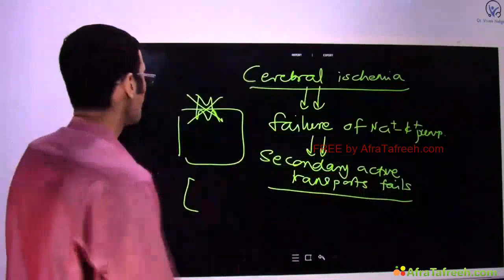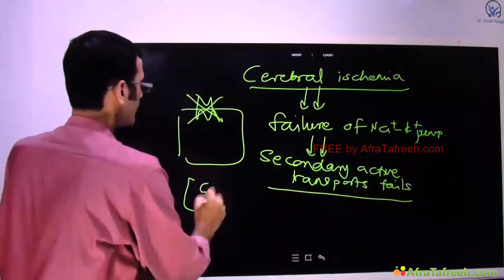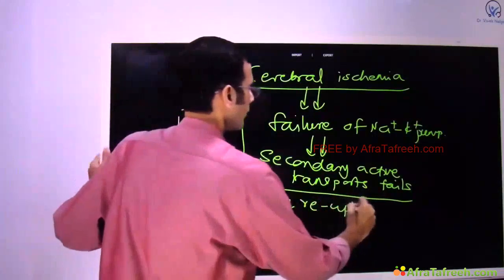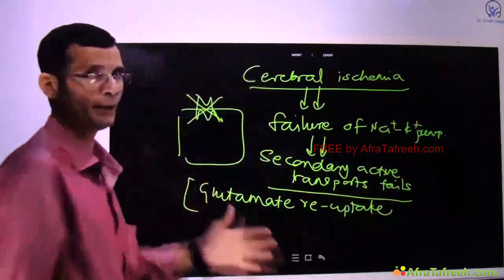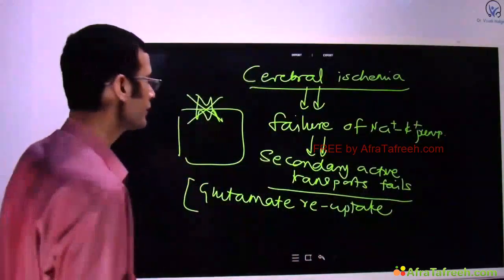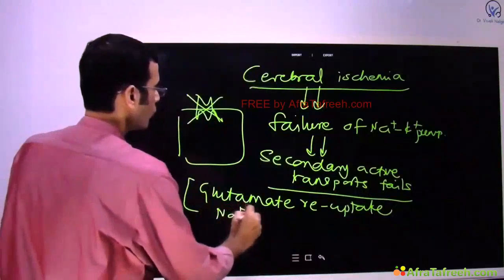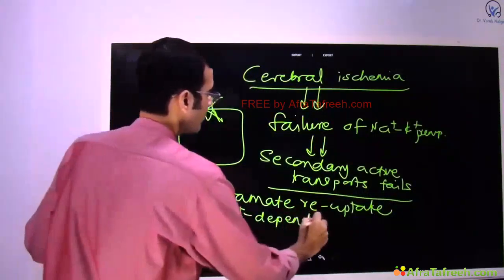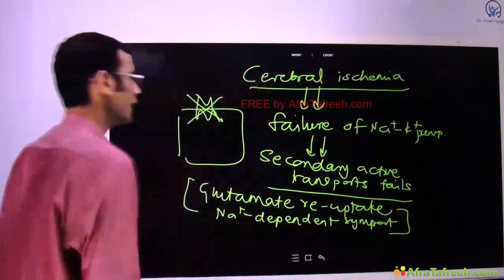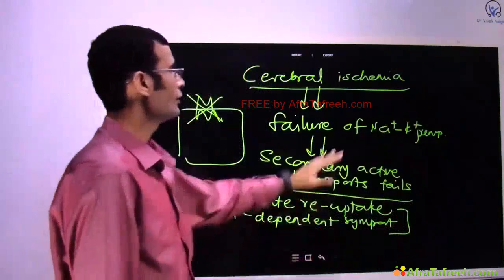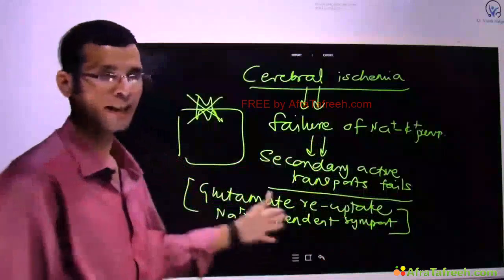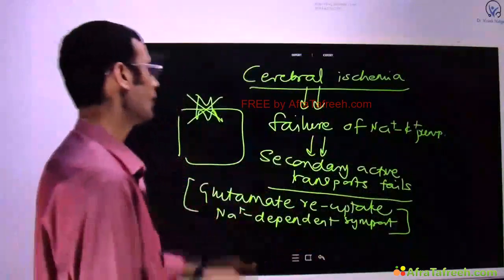Over here, therefore, one must remember that glutamate reuptake after it is released into the synapse, glutamate reuptake by the synaptic endings is a sodium dependent symport, sodium dependent co-transport or secondary active transport. So if ischemia has caused failure of the sodium potassium pump, then this secondary active transport will also fail.